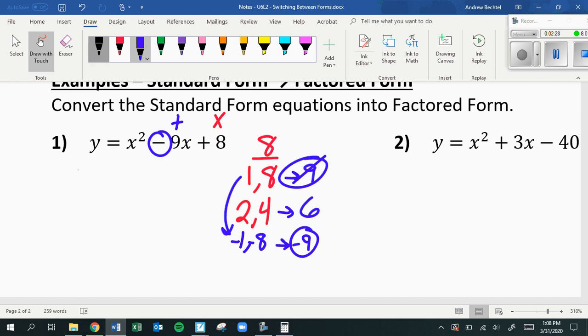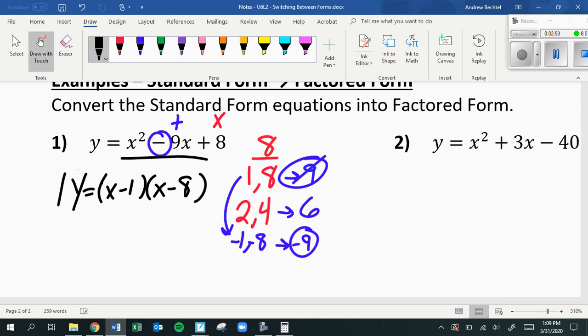So when we write our factors out here, we'll say y equals, just like with the binomial multiplication, we don't change the y, we only care about the trinomial piece here, but we are going to rewrite that. We're going for factored form, so we'll have two sets of parentheses. They'll both have a binomial. One of them will say x minus 1. The other will say x minus 8. So now we've gone from standard form to factored form.